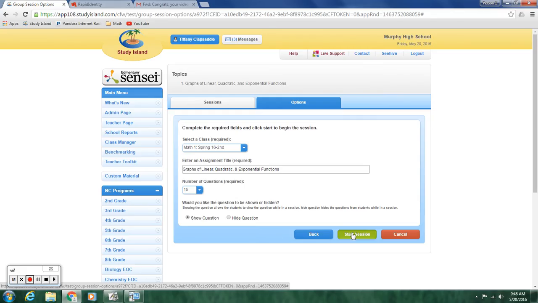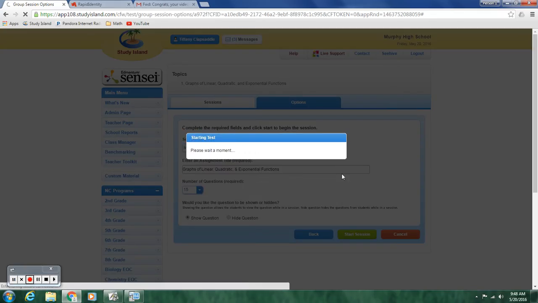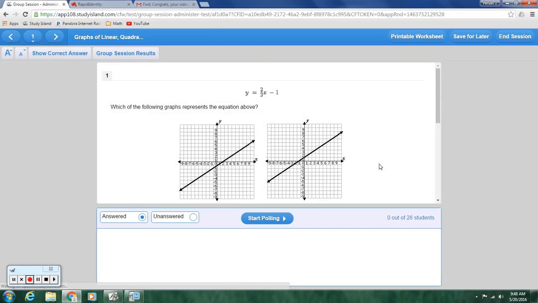Everybody logged in? Alright, so under where you go to my classes, you should go to where it says my classes. Then there should be a group section. The group section at the very top.